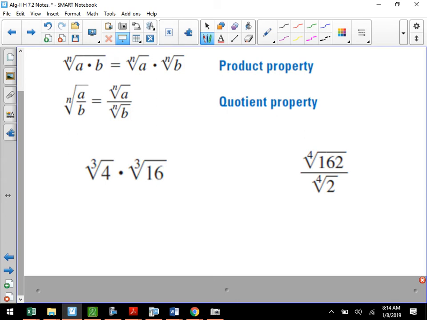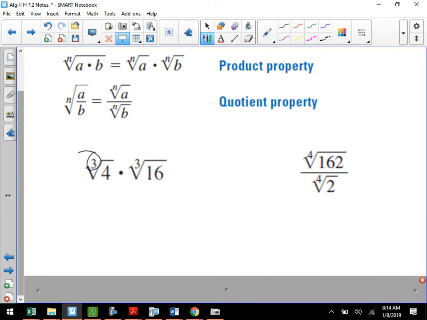It was the same way that you did with square roots. If you had the square root of 2 times the square root of 3, it became the square root of 6. It doesn't change when you have a cube root. It doesn't change if you have a fifth root. Everything that you've learned about how to combine and work with square roots, all of those rules apply to this. The only thing that's changing out in front is the nth value.